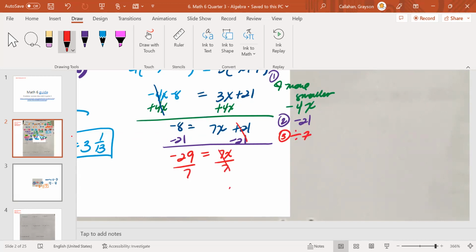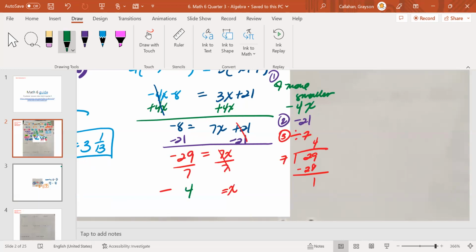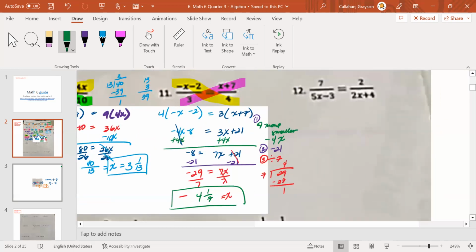When you do that, this part cancels, x is equal to. Now your answer is going to be negative. Now you know that 7 times 4 is 28. When you subtract it, you get a 1. So x is equal to negative 4 and 1 over 7. That is your answer for number 11.